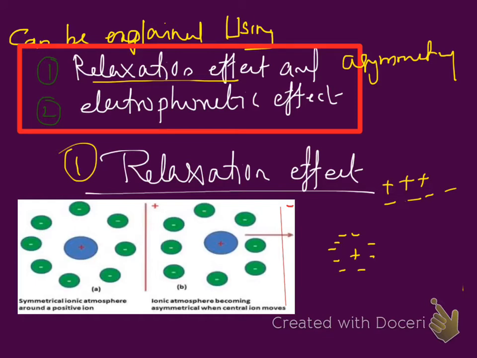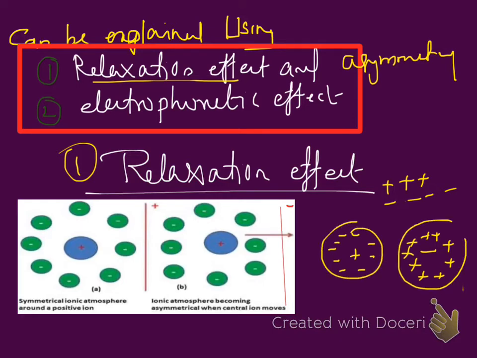As it is a symmetric ionic atmosphere, it will not affect the mobility of the ion to a great extent, and each negative ion is also surrounded by positive ions. So each ion is surrounded by oppositely charged ions in a symmetric way. This is the condition in an electrolyte before applying electric power.